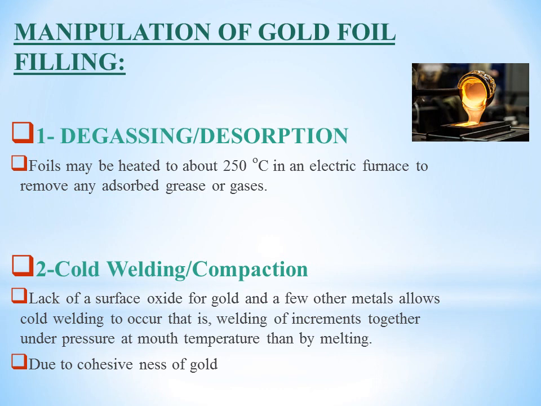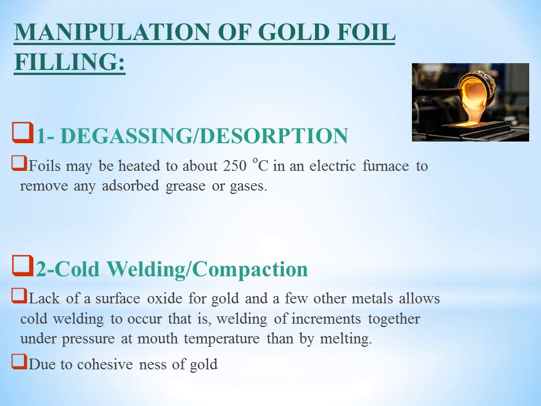Then comes the cold welding or compaction. So what we do next is that we place these degassed gold foils into the prepared cavity, and the lack of surface oxide in the case of gold allows cold welding to occur. That is welding of increments together under pressure at room temperature rather than by melting.